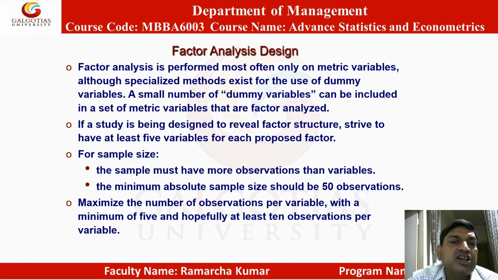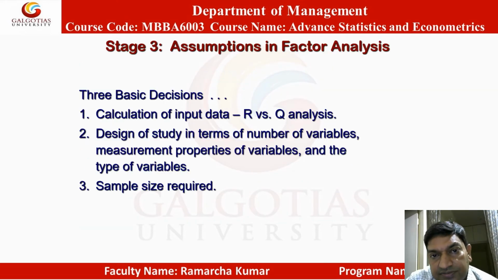If a study is being designed to reveal factor structure, strive to have at least 5 variables for each proposed factor. For sample size, the sample must have more observations than variables. The minimum absolute sample size should be 50 observations. The maximum is the number of observations per variable, with a minimum of 5 and hopefully at least 10 observations per variable.